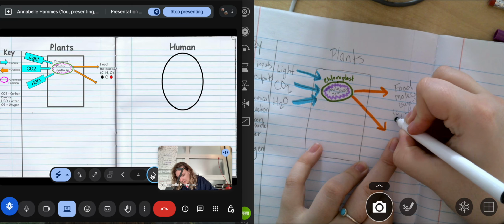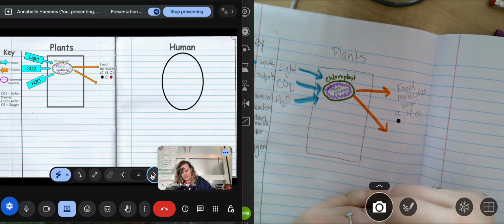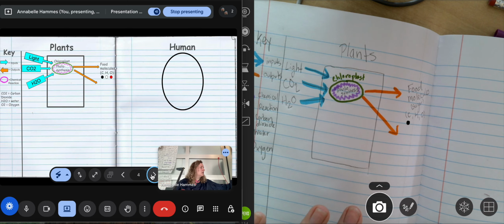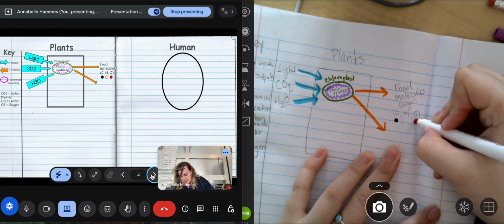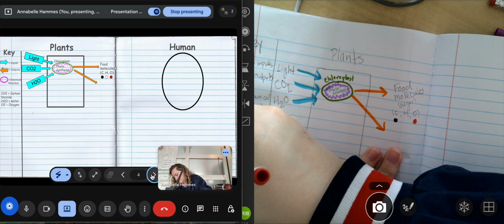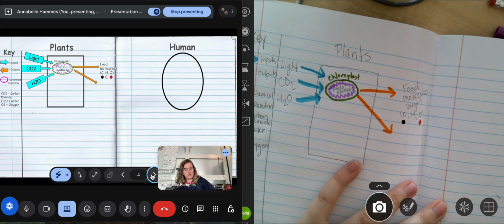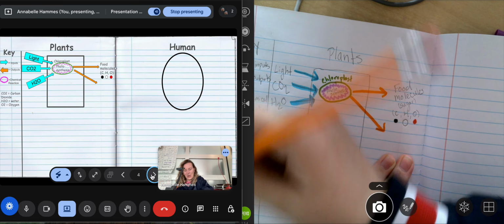So that would be this. I'm going to add one over here. That is our carbon. Our oxygen. And our hydrogen's just white, so we're just going to do a circle.